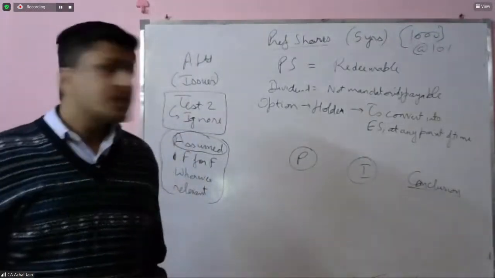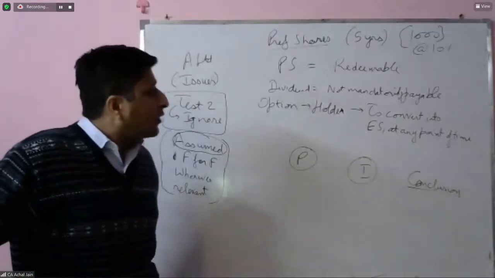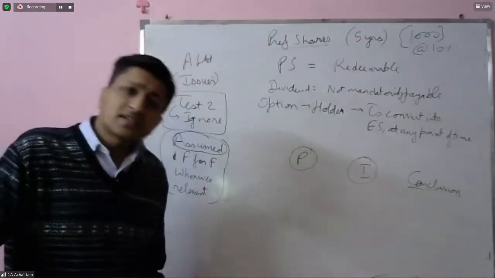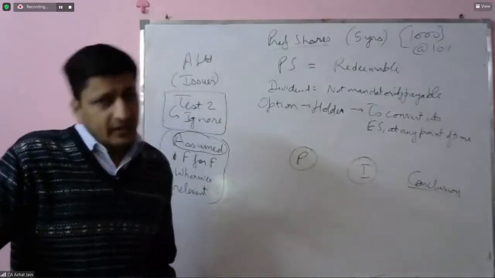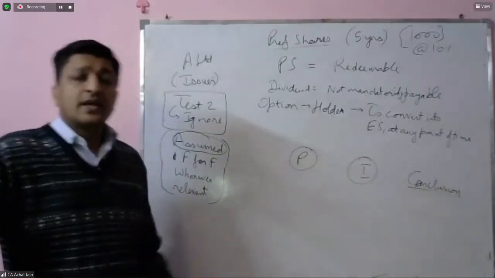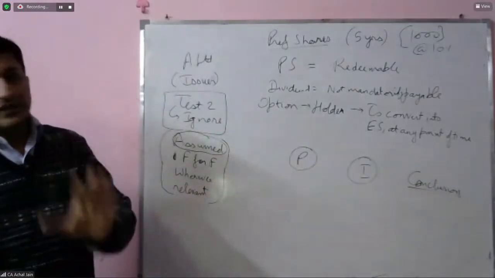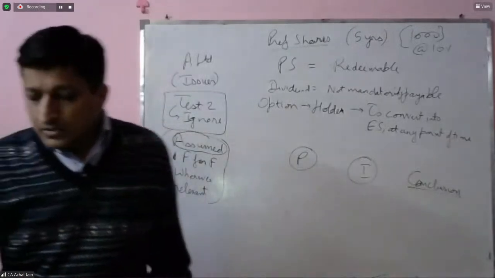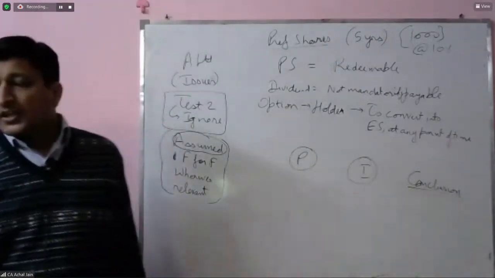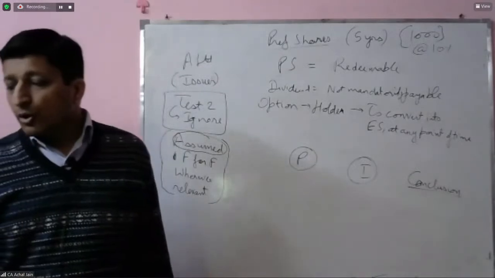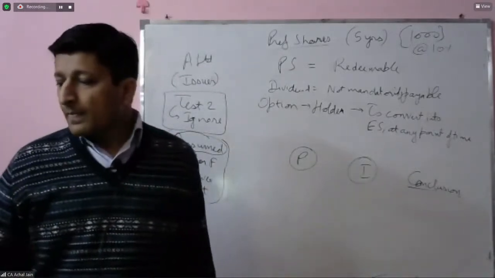Now I have changed this question slightly. All other facts are same except that the option of conversion into equity at any point of time is with the holder only. It's not with the issuer. So now, do you think your answer will change or it will remain same?